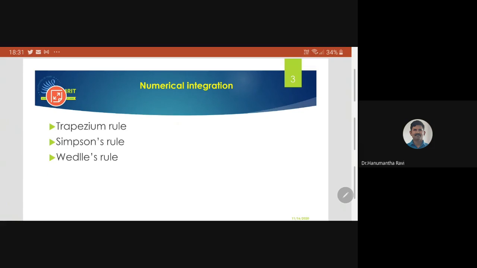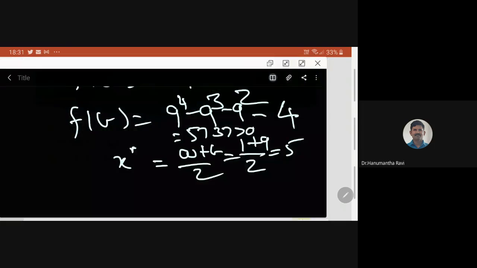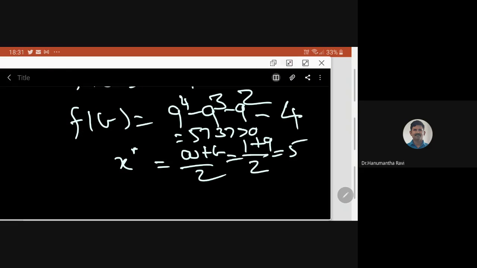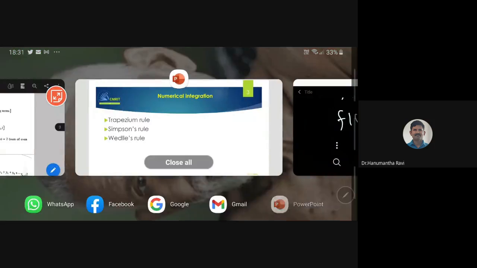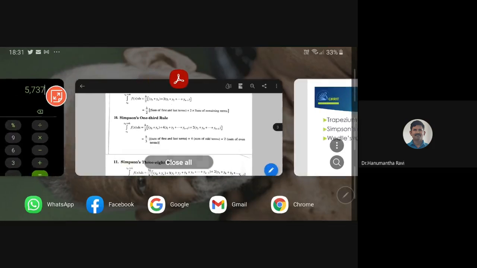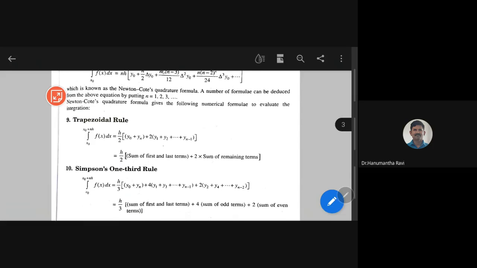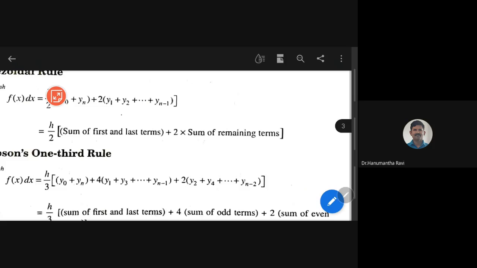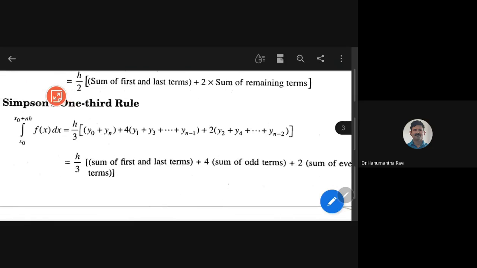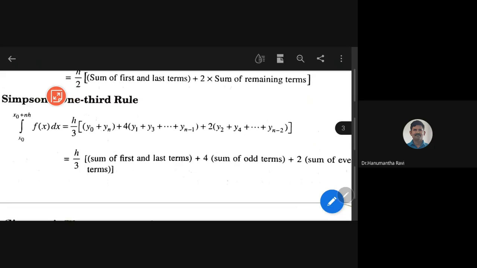Here, trapezium rule, Simpson's rule, and rarely Weddle's rule, but focus more on trapezium and Simpson's rule. Simpson's one third rule is there, 3/8 rule is there. Trapezoidal rule is given by sum of the first and last terms plus 2 into sum of the remaining terms.